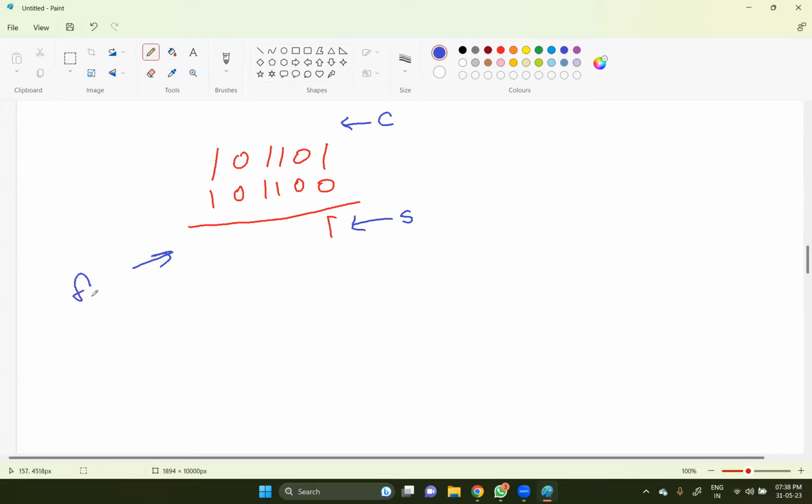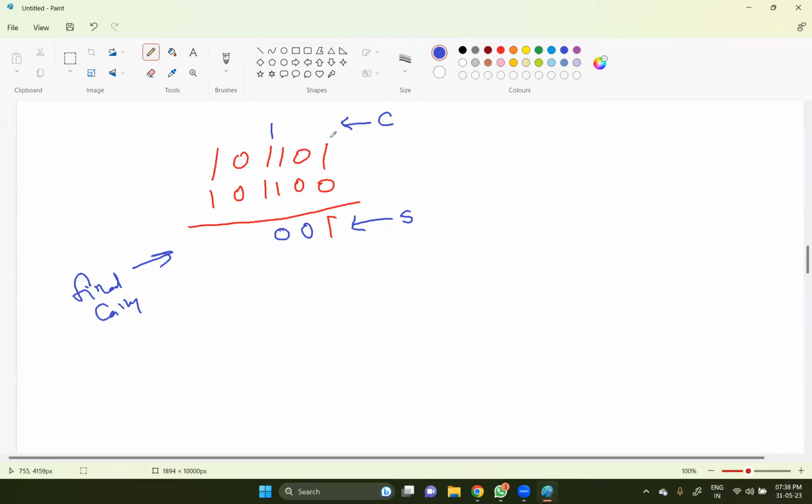There is no carry for this right now. For the second bit, 0 plus 0, there is no carry again. For the third bit, 1 plus 1, there is a carry, and 0 will be the answer.